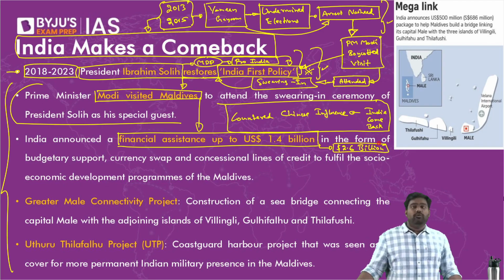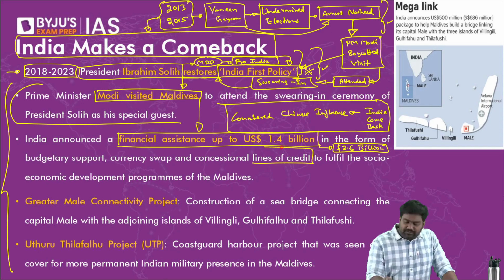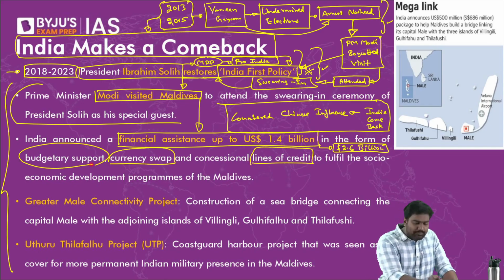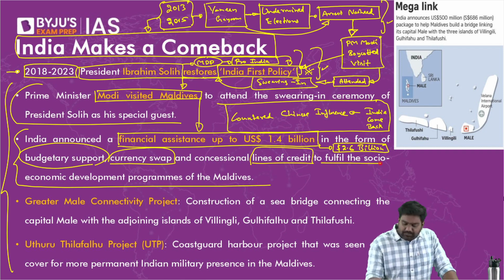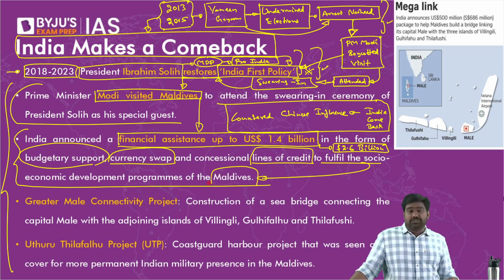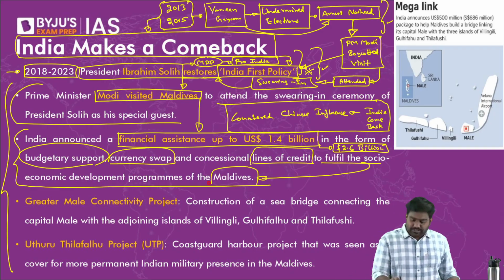We have given around $2.6 billion in funding through concessional loans, lines of credit, currency swaps, and even direct budgetary support for funding various key projects in Maldives, to fund some infrastructure projects, socio-economic development projects, and community projects.